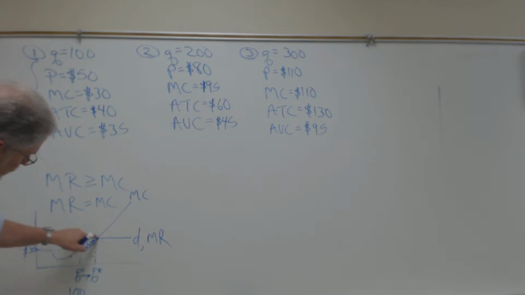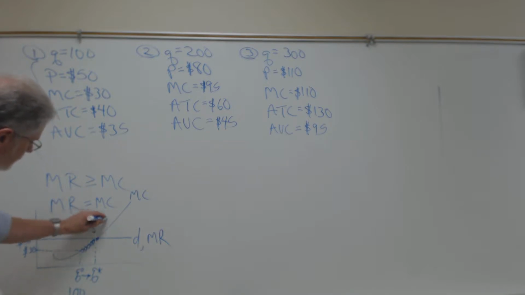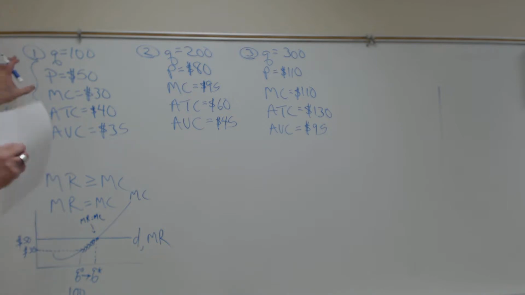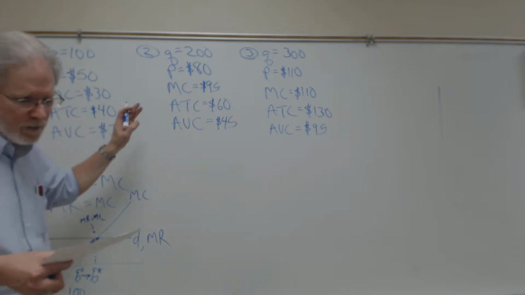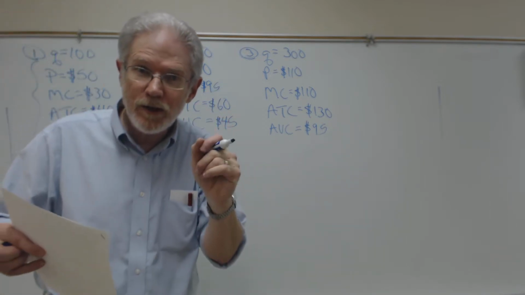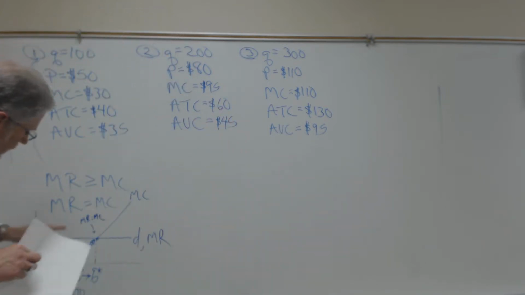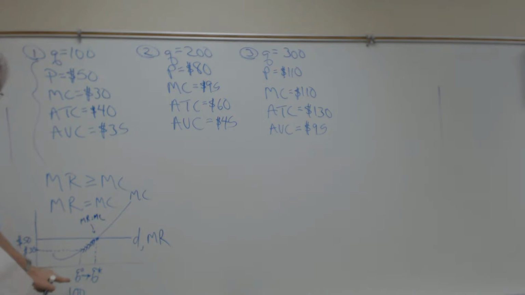Once it gets to the point where MR and MC are equal, that's where it should stop and continue to produce there. What we're asked is simply to determine, should it stick with its current output? Should it produce more or should it produce less? Clearly, this firm should produce more. It should expand its output until marginal cost is at $50. Okay? So that's the answer to part A.